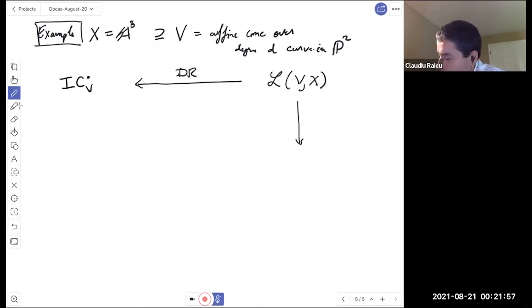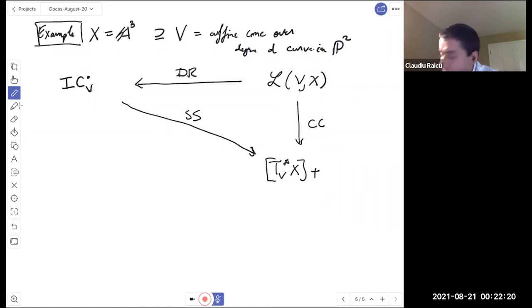So you have a characteristic cycle map, and it turns out that you can compute the characteristic cycle of this D-module or IC sheaf. It's always going to start off with the conormal bundle to V with coefficient 1, and then you also have a contribution supported at the singular point 0, and the coefficient here is going to be d minus 1.